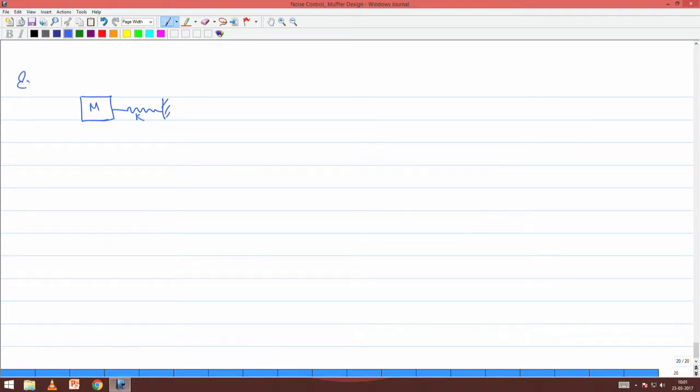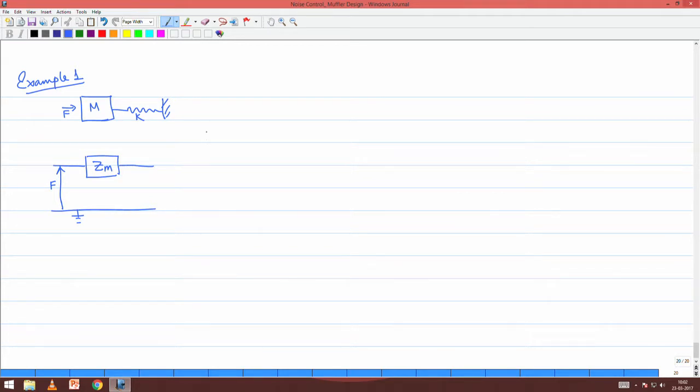So, this is example 1. As we know, for the mass element we will have an impedance of Zm. With reference to the ground line, there is a force on the mass, and that force is equivalent to a voltage in the electrical circuit terminology. So, this is what it represents for the mass element alone.